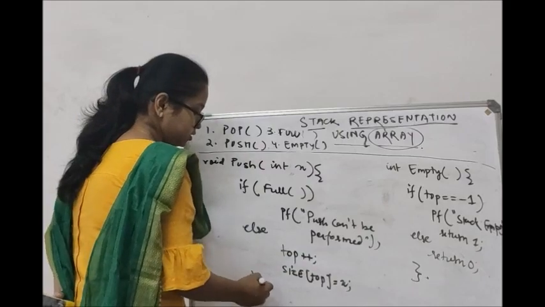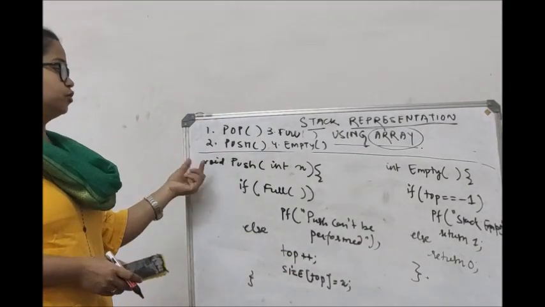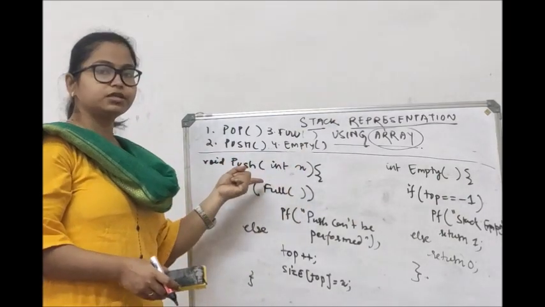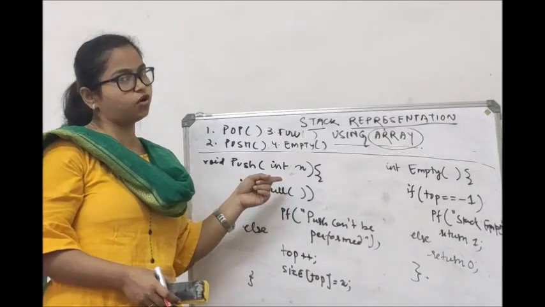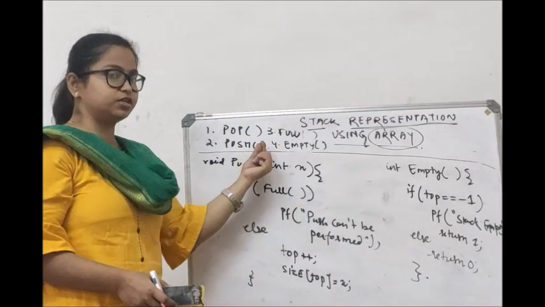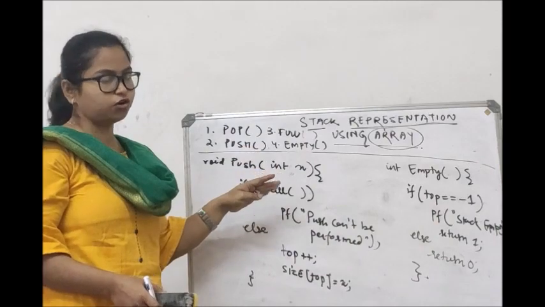The logic is pretty simple. I hope you have understood the logic of push. We have to push element x, so before pushing it, we have to check whether the stack is already full or not. So we will check the full function whether it is returning 0 or 1. If it is 0, that means it is not full.